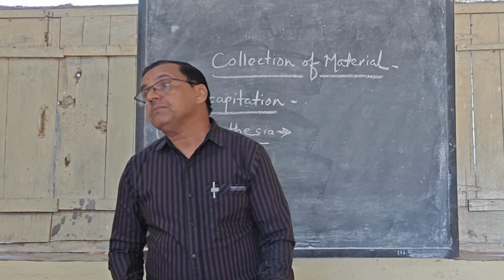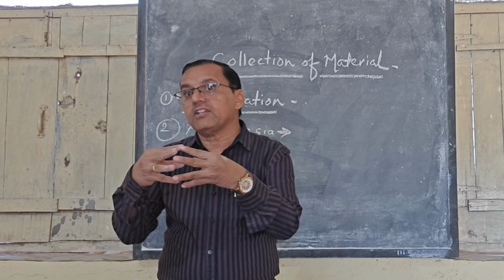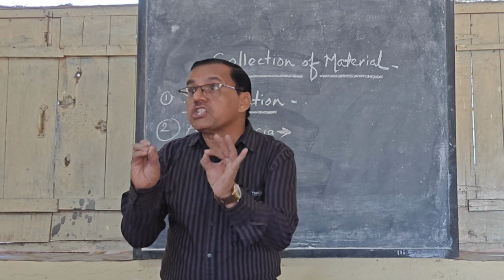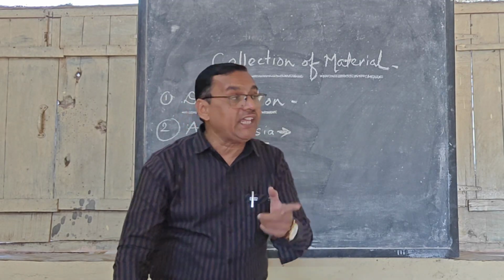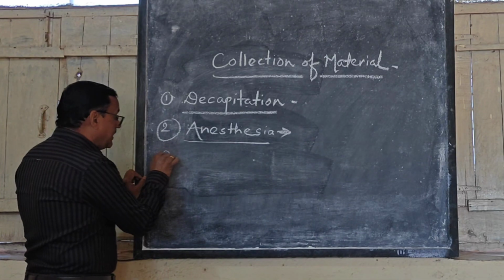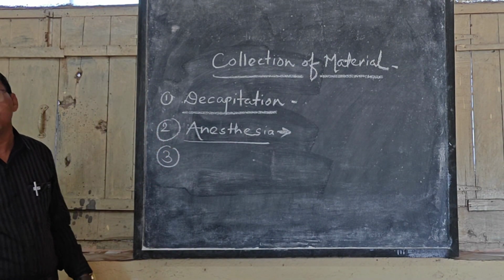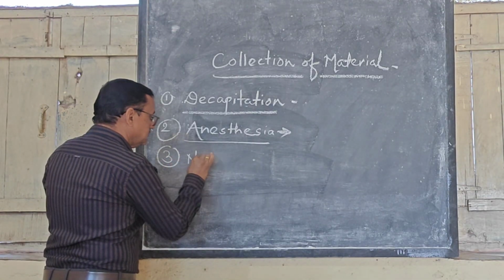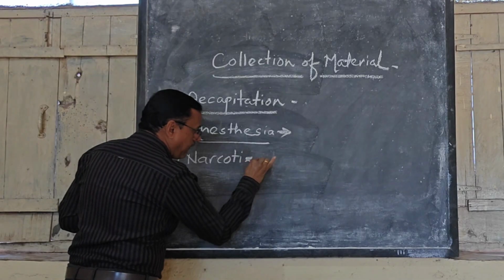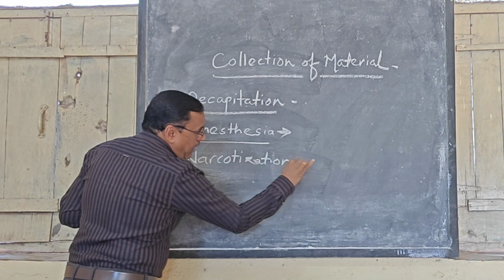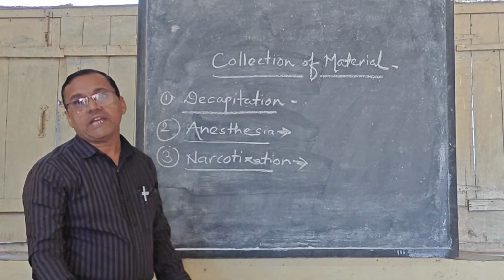But some invertebrate animals are contractile, that is, their body contracts and relaxes. Such animals are not mounted directly on the slide. For that purpose, they have to be narcotized. Hence, the third step is called narcotization. What is narcotization?